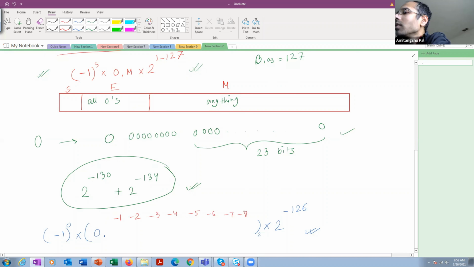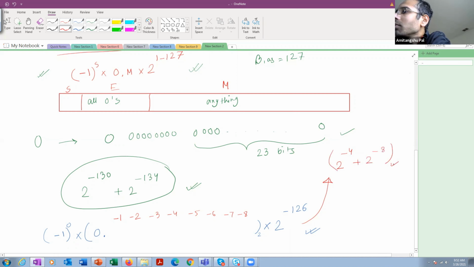Now, which number do I need to multiply with 2 to the minus 126 to make it 2 to the minus 130? It is 2 to the minus 4, right? And which number do I need to multiply with 2 to the minus 126 to make it 2 to the minus 134? It is 2 to the minus 8.